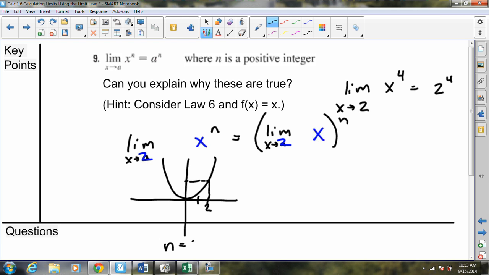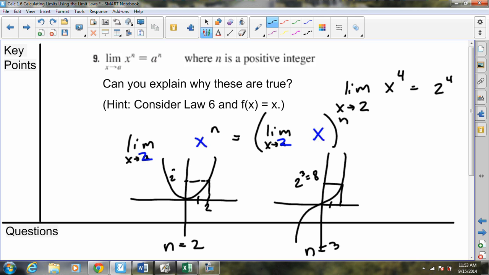This is the case for n equals 2. If we did the case of n equals 3, well, you come over to an x value of 2. You come up to its height. 2 cubed would be 8. This one was 2 squared was 4.